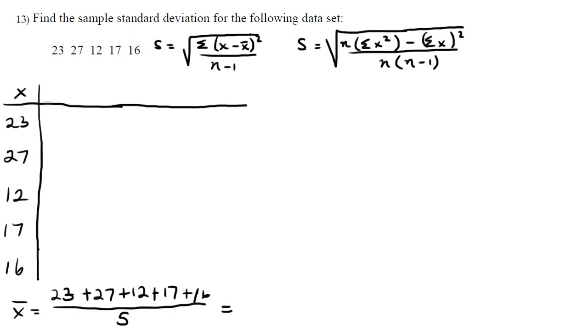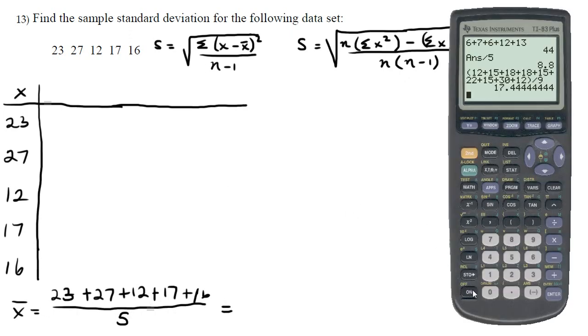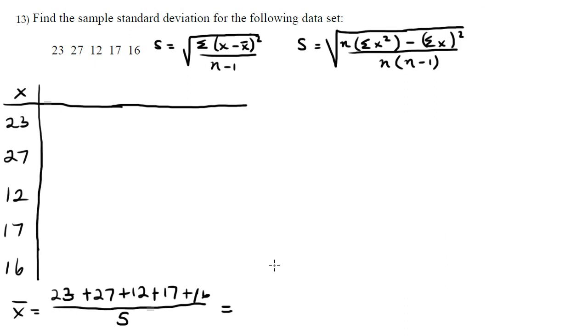Oh, why not use my calculator there? 23 plus 27 plus 12 plus 17 plus 16, and divide that by 5. So my mean is 19. That's my mean. X bar is 19.